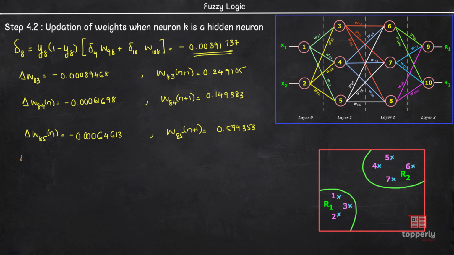For that, we know delta Wkj is equal to eta into dou k into yj, where dou k is equal to phi dash vk into sigma o of dou o of n into w ok of n, where j is equal to 1, 2, k is equal to 3, 4, 5, and o is equal to 6, 7, 8.